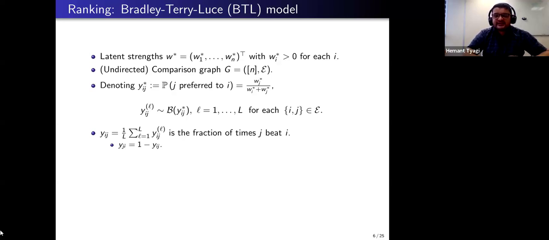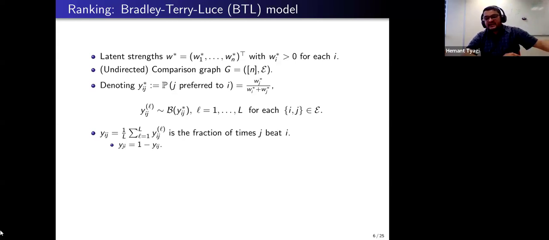And then we generate the pairwise comparisons as simply these independent Bernoullis. So for each ij in the edge set, you generate these L IID Bernoullis with parameter Yij star. Okay, so L is just this parameter which controls the number of comparisons, because maybe two teams or two items were compared independently by L judges.